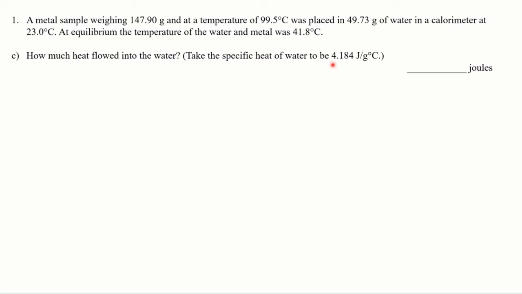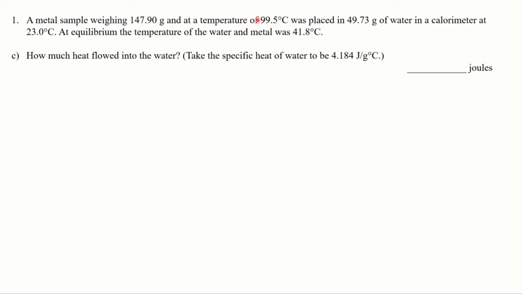And that will be enough energy to increase the temperature of water by 1 degree Celsius. Okay. Next, well, how much heat flowed into the water? Well, here it seems that the metal was at a very high temperature. So that means the metal contained a lot of thermal energy. Okay, and its temperature decreased to 41.8 degrees Celsius. So all of that energy was not lost.